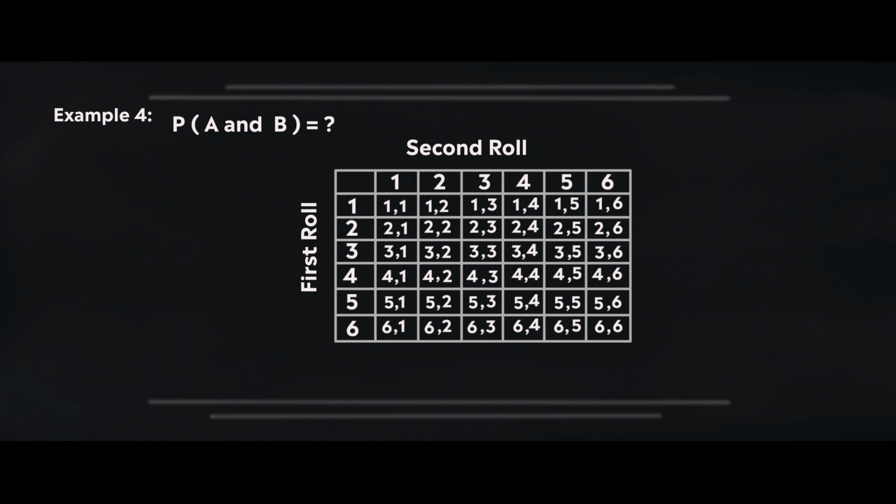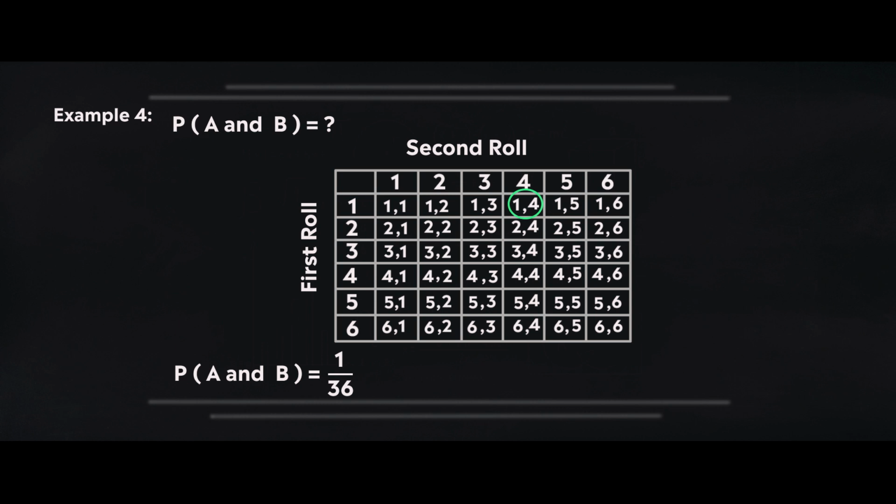For now we have to look for getting 1 in the first roll and a sum of 5. There is only one favorable outcome: only if you roll 1 in the first roll and 4 in the second roll, the sum would be 5. So the favorable outcome is 1. So the probability of event A and B as a combined event is 1 by 36.